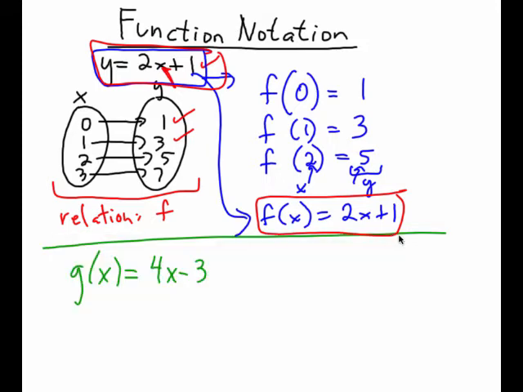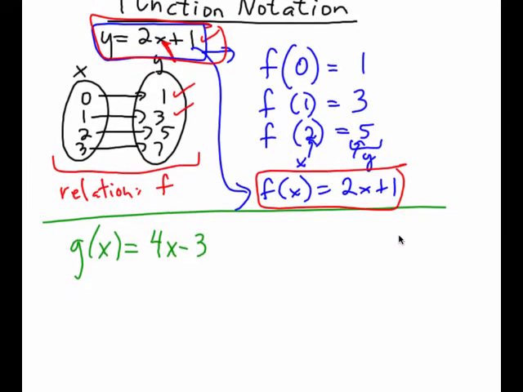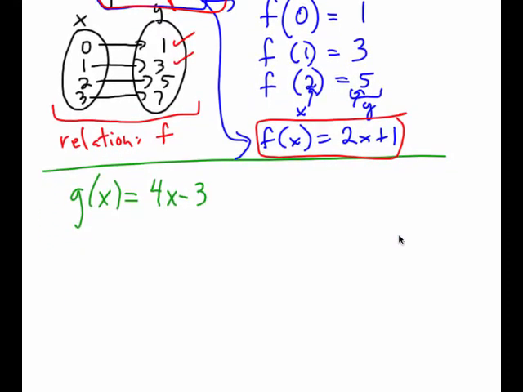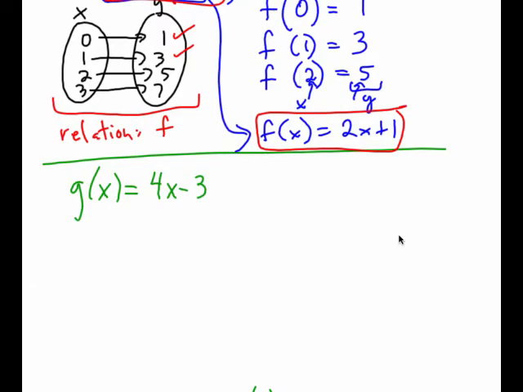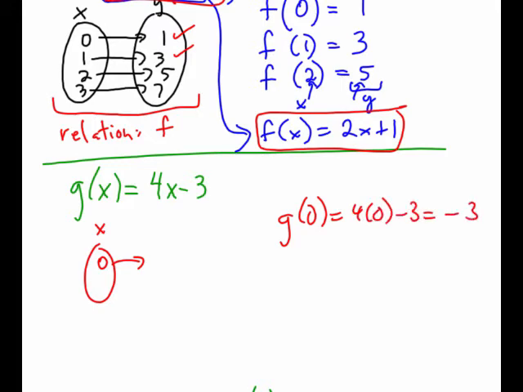Alright, f, g, and h are common names for functions, and we can get into more interesting functions with time. But here's another function, g of x is 4x minus 3. So you can think of it like your machine g, your procedure g, is taking a number. So for example, from my input bubble, if I took 0 and I put 0 into the machine, 4 times 0 minus 3 would spit out negative 3.